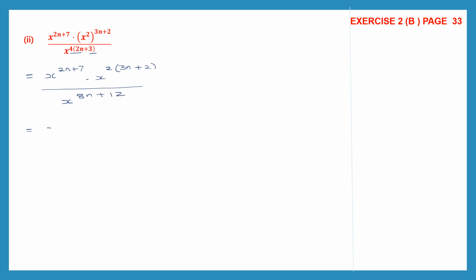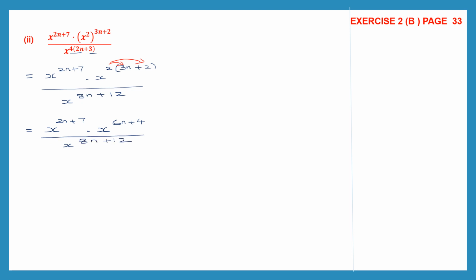So this is x to the power of 2n plus 7 into x to the power of, now let's multiply here, 2 into 3n first. So that is 2 3s are 6, 6n. Then we multiply 2 into plus 2, which is plus 4, 6n plus 4. Then here down we have x to the power of 8n plus 12.